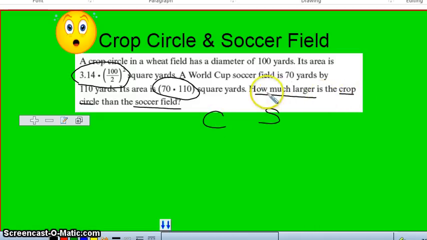In order to figure out how much larger the crop circle is than the soccer field, we want to find the area of the crop circle, find the area of the soccer field, and then subtract the two to figure out how much larger the crop circle is. We're going to use order of operations to do that.